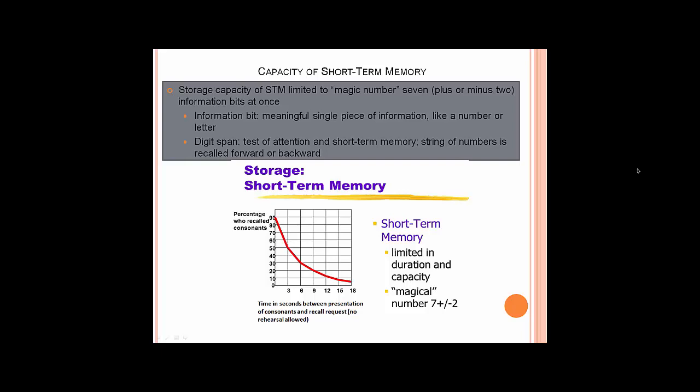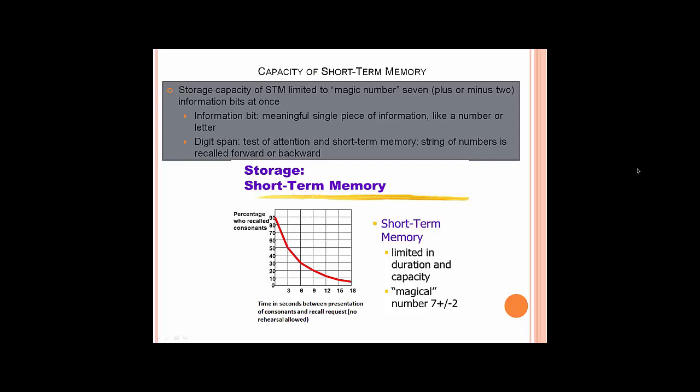So what is an information bit? It is a meaningful single piece of information. We're not talking about computers here. It's a single piece of information like a number or a letter, like ABC. So there's 3 bits in ABC. A digit span is a test of attention and short-term memory, where a string of numbers is recalled forward, and backwards.